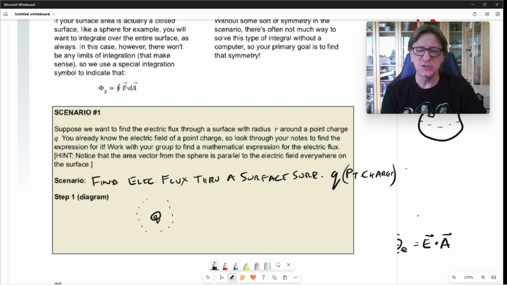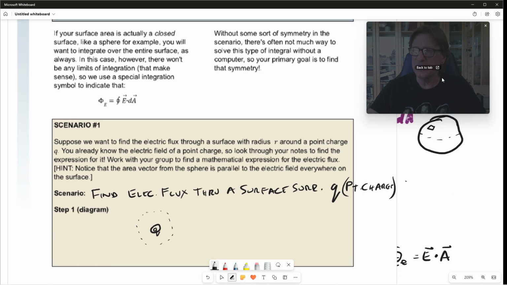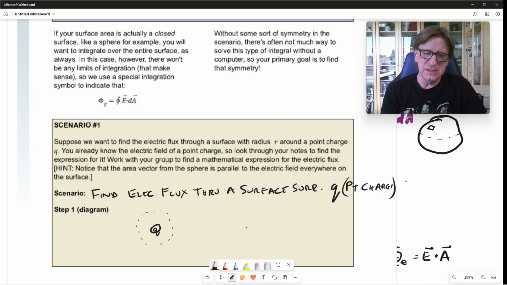Now remember, it's not a circle, it's a sphere, but I can't draw spheres. Anytime I attempt to do so, it's going to look something like the one up at the top that I've got right here. And it's going to be sad. So I've drawn it as a circle, but you need to visualize it actually as a sphere surrounding that charge. And here's my electric field that's coming out.